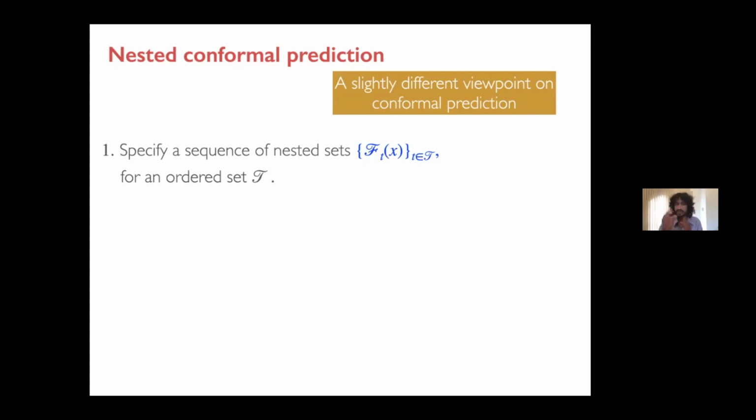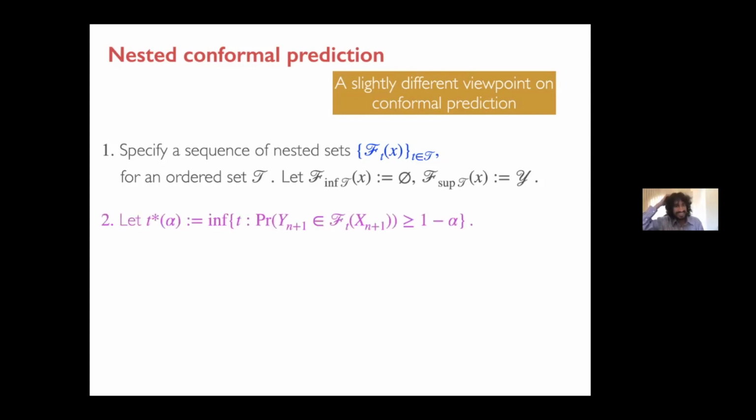They're based on some point x, which will be x_{n+1}, and t is going to lie in some ordered set tau. These nested sets are going to be such that when I take the inf over tau, I get the empty set, and when I take the sup over tau, I get the full set script Y. So this is a sequence of nested sets from the empty set to the full set.